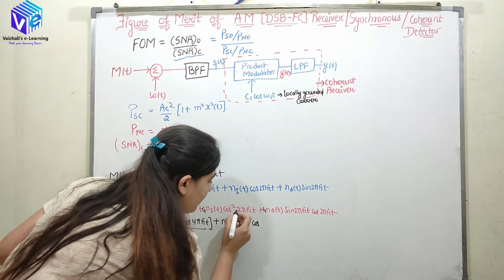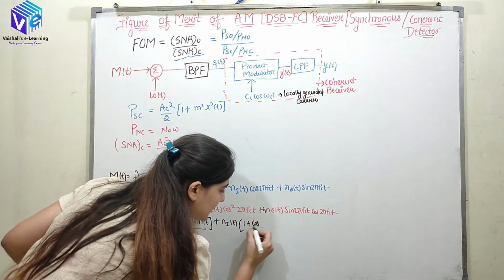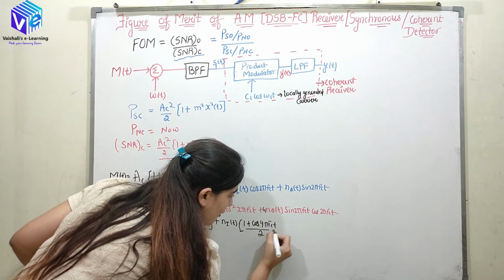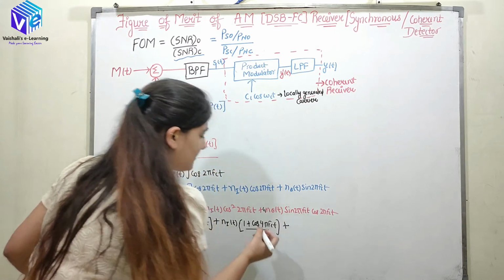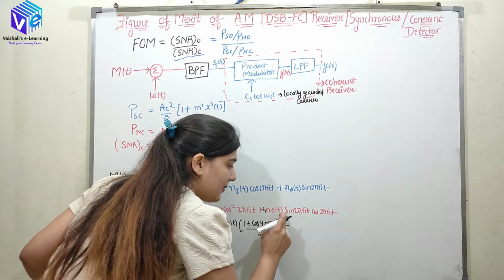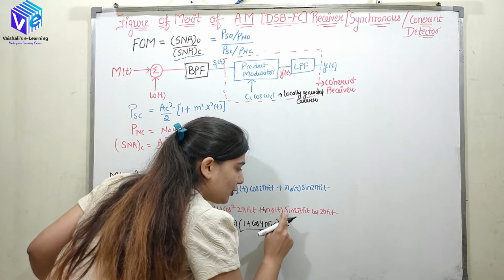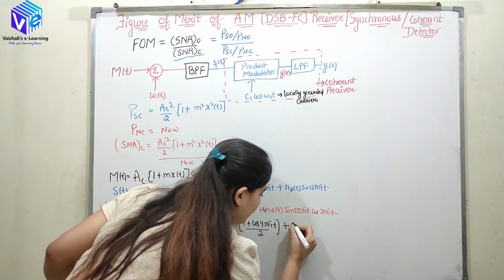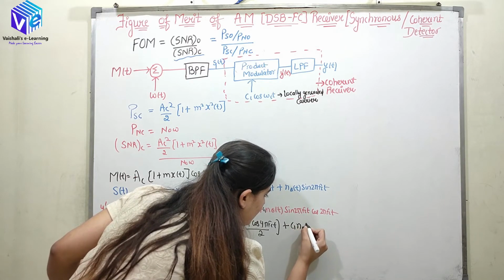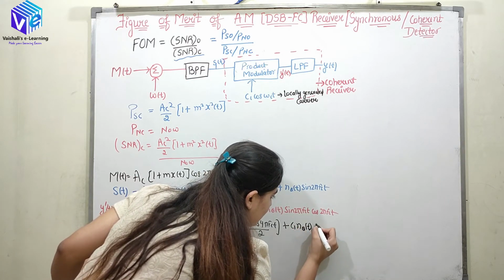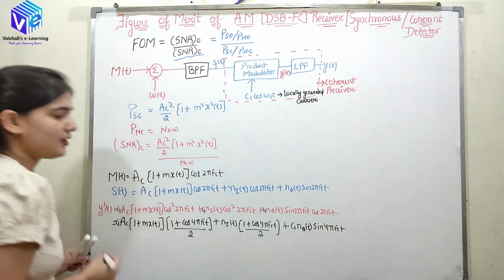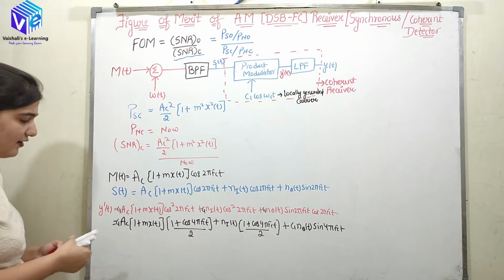Again I am replacing cos² 2πfct with (1 + cos 4πfct)/2. Here, if I divide by 2 and multiply by 2, this becomes 2 sin A cos B, which equals sin 2θ. So c1 n_Q(t) sin 4πfct. Now this is the simplified formula.